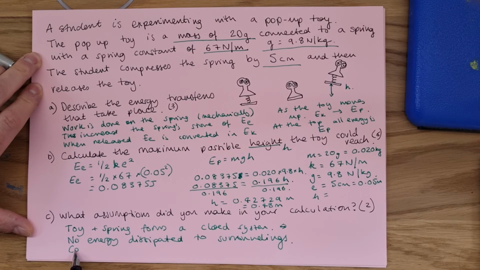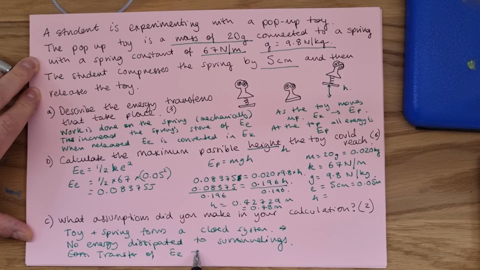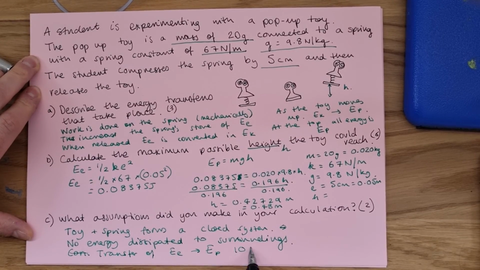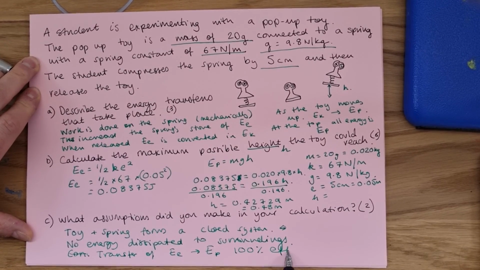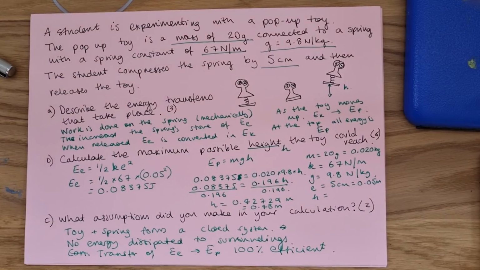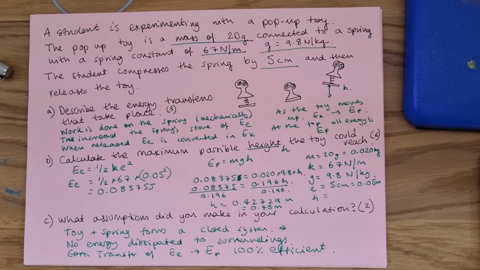So the conversion or the transfer of elastic potential energy to gravitational potential energy is 100% efficient. And maybe it's not, maybe it's only 70% efficient, and then I've got to find 70% of the height.